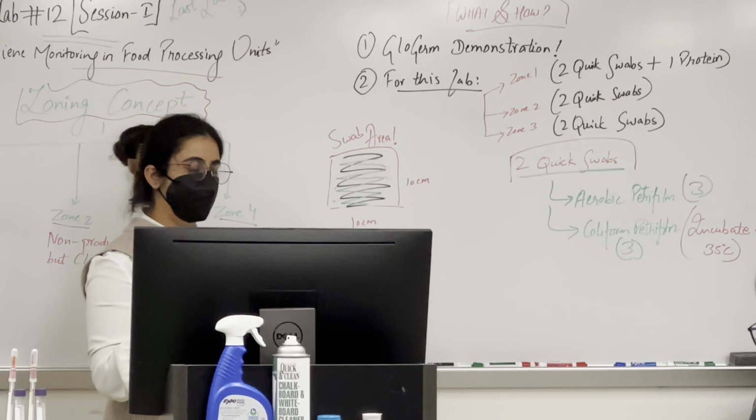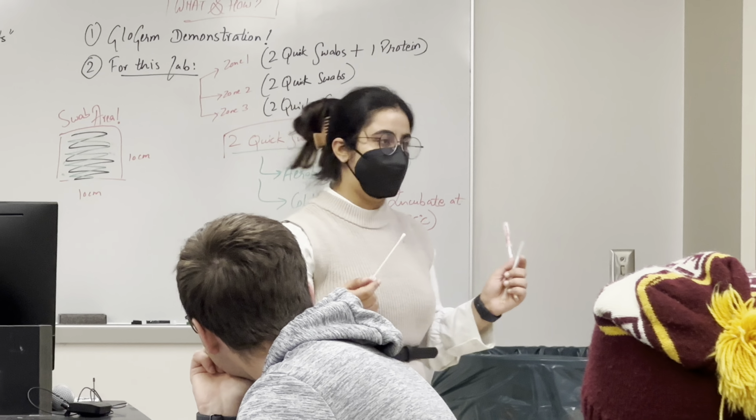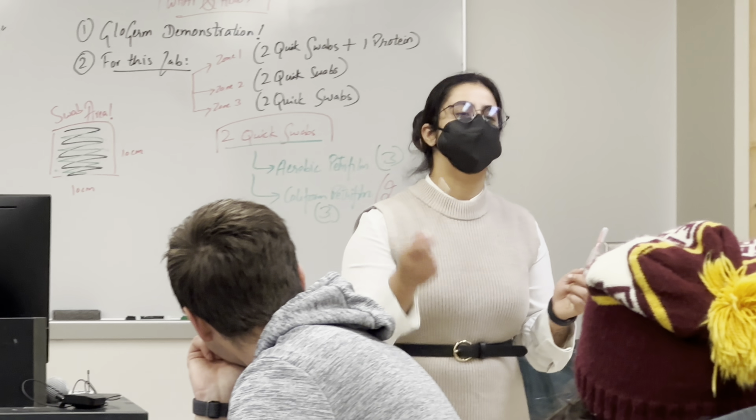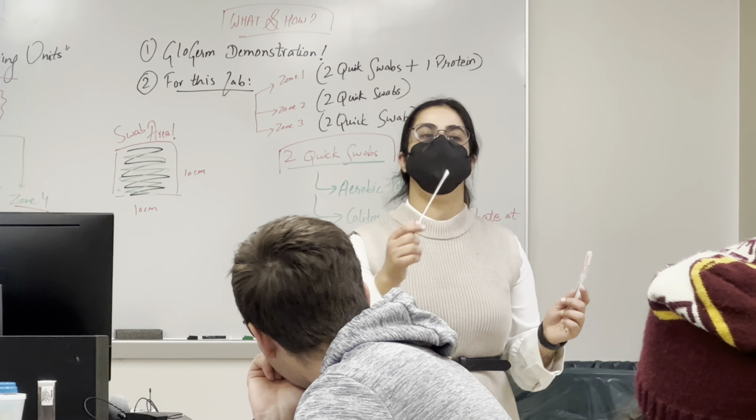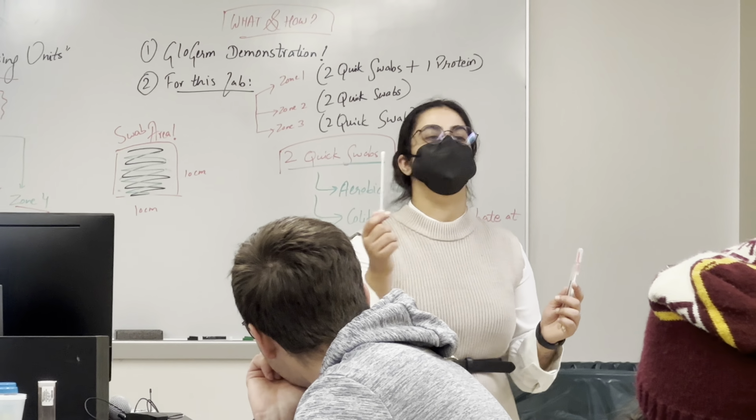Next you take the swab out and again take the swab sample using that 10 by 10 area formula, stroking it in one direction and then in the opposite direction, and rotating it enough to take the sample. Put it back and take it to the 057 lab, where you will inoculate these swabs into the aerobic and coliform petrifilms.